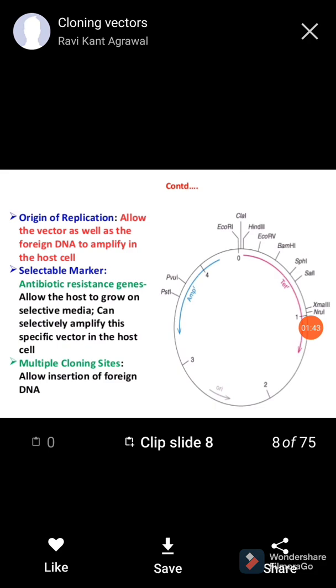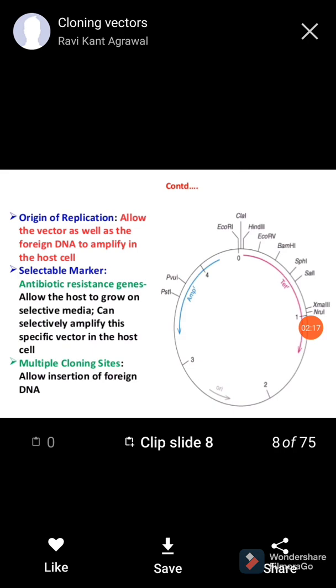Like I had given as an example, suppose they have this selectable marker with an antibiotic resistance. How will this help in screening those E. coli cells which have taken up recombinant DNA inside the vectors? Those which have taken up those vectors inside their cell are able to resist the antibiotics, because they have the selectable marker, and they will grow.